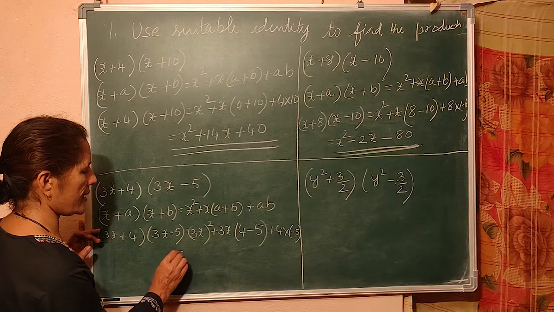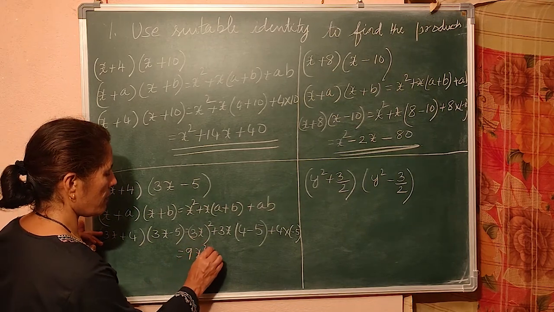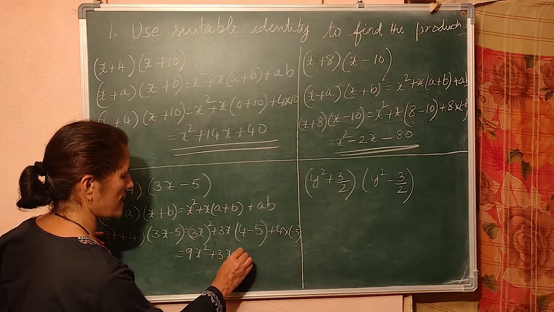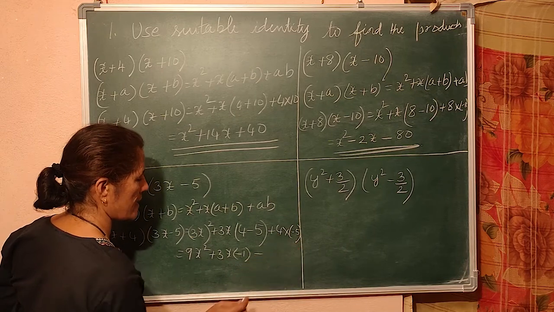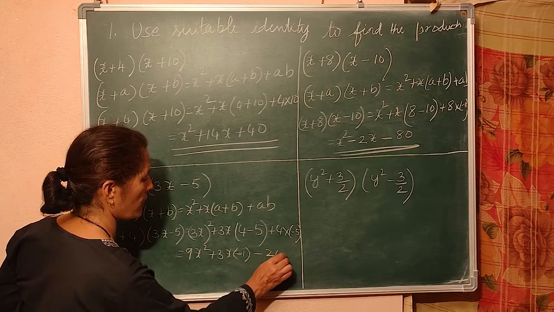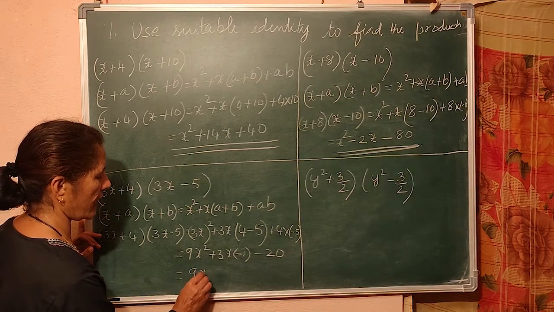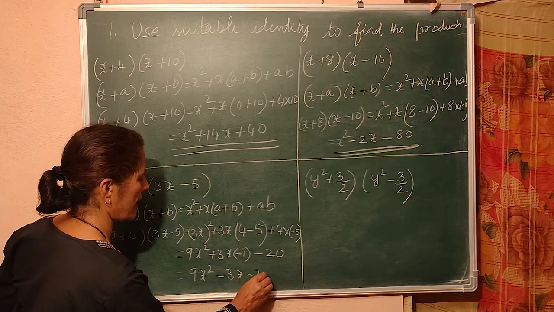So you get 9x square plus 3x into (4 - 5), which is minus 1, and plus into minus is minus 20. So the answer is 9x square minus 3x minus 20.